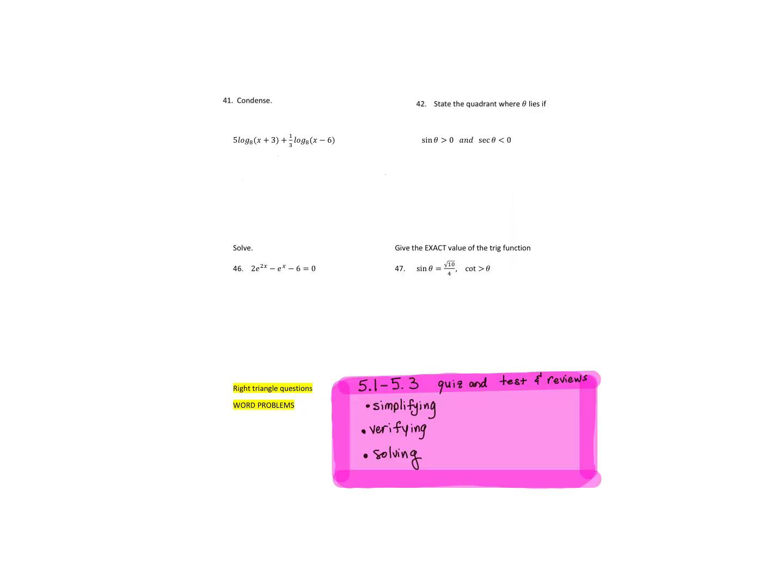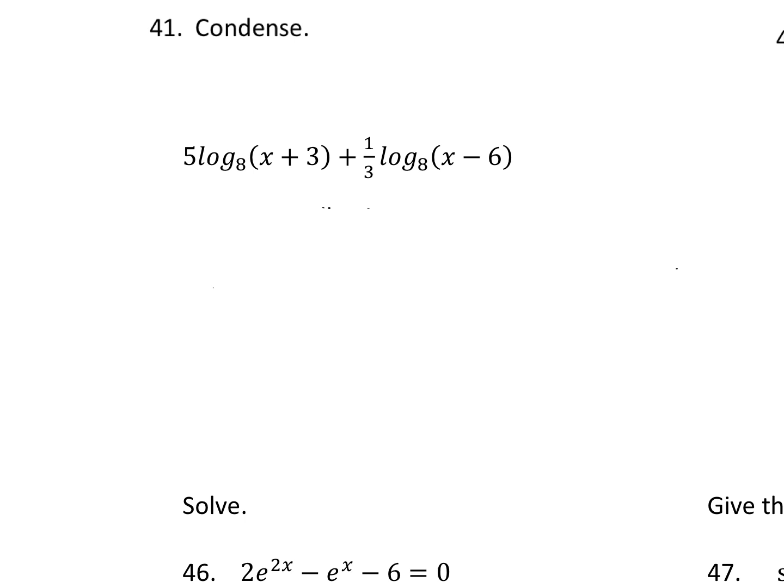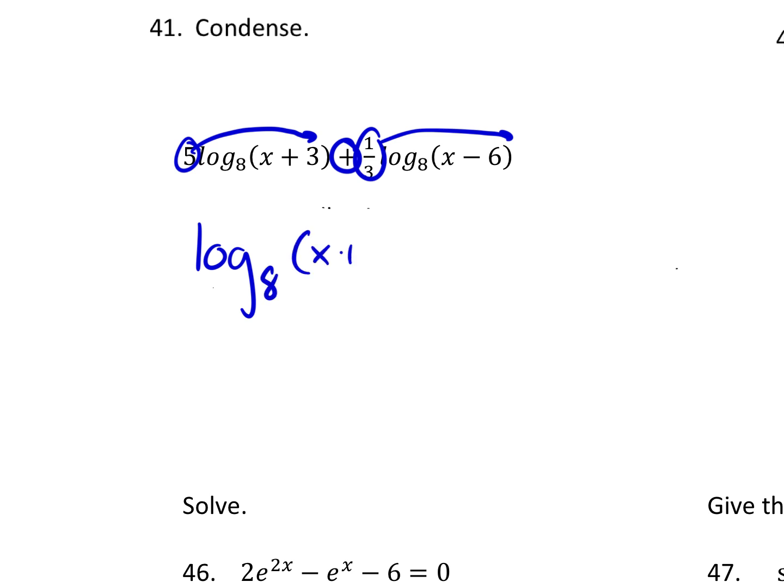For 41, we're condensing. So we're doing the same thing but opposites. So when we are adding, we multiply. And then I also want to move my coefficients up top. So this would be log base 8 of (x plus 3) to the 5th power times (x minus 6) to the 1/3 power.